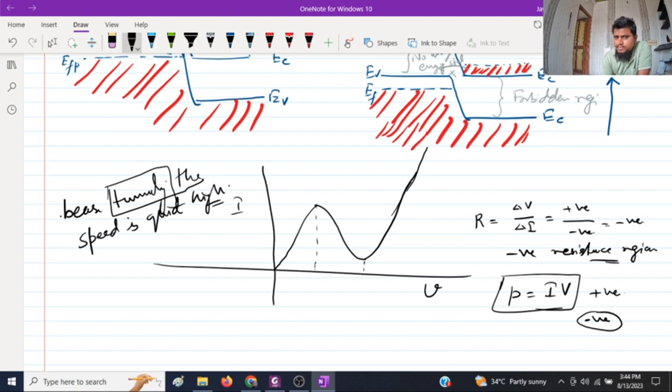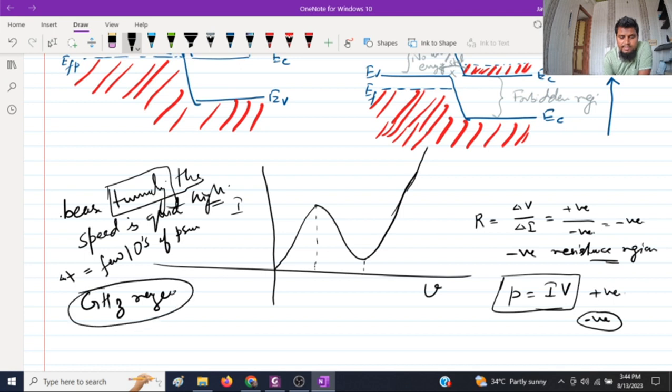Overall, from electrode to electrode, tunnel diodes have a transition time delta t of the order of a few tens of picoseconds, and that's why these devices could be used in the gigahertz range. The operating frequency can go to tens of gigahertz.